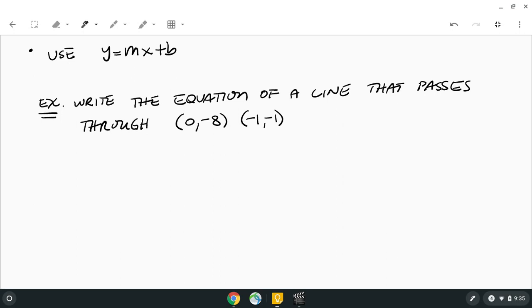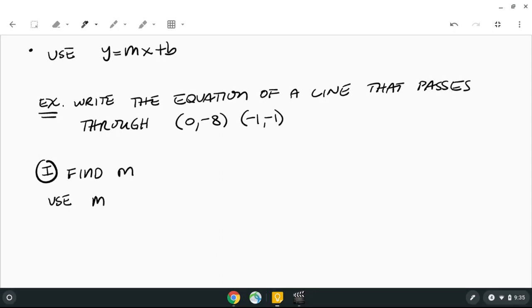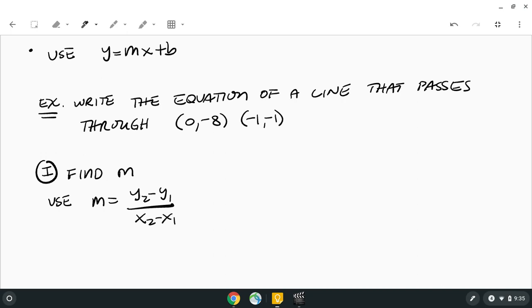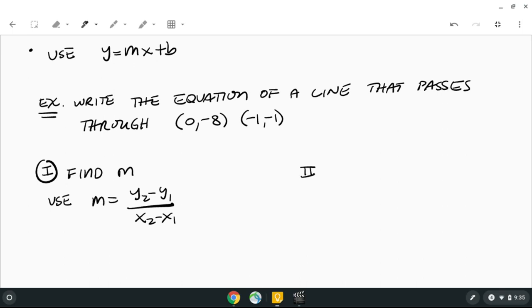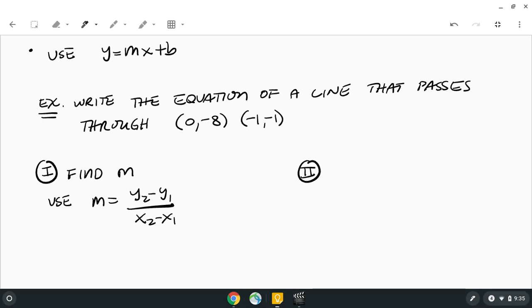find those things. Okay? So the first thing we're going to do here is find m. Okay? And we are going to use the slope formula, y2 minus y1 over x2 minus x1. Okay, and then after we find the slope, then we're going to go over here and we're going to find b because we need m and b.